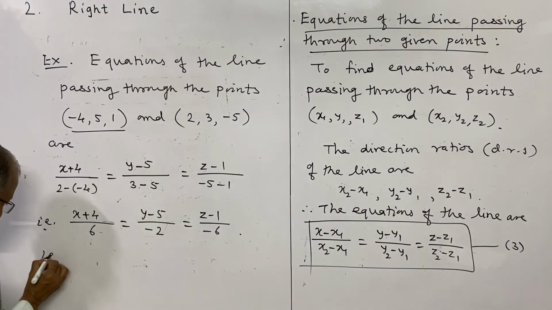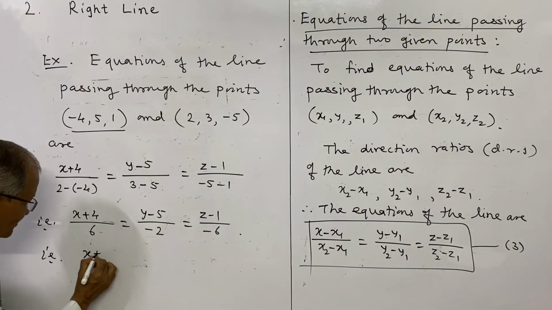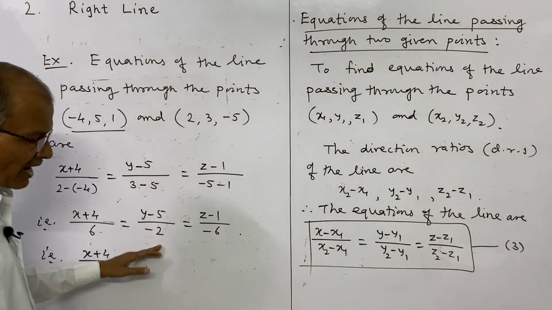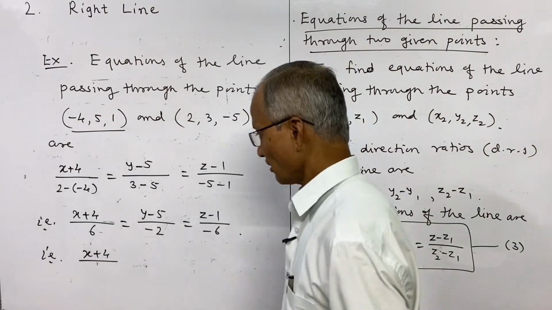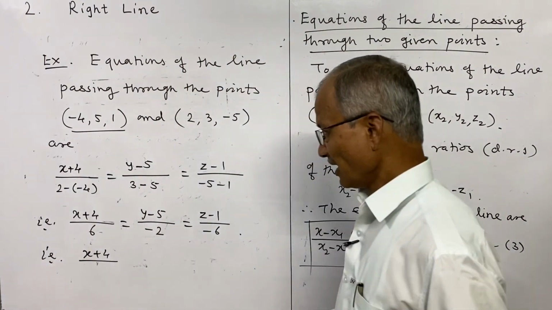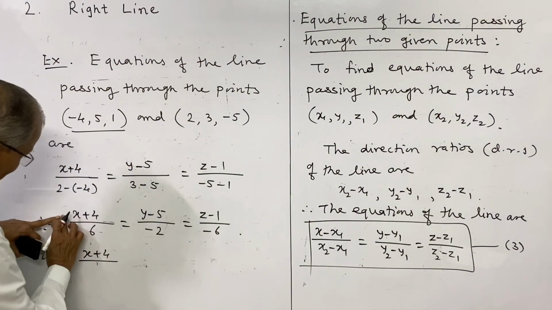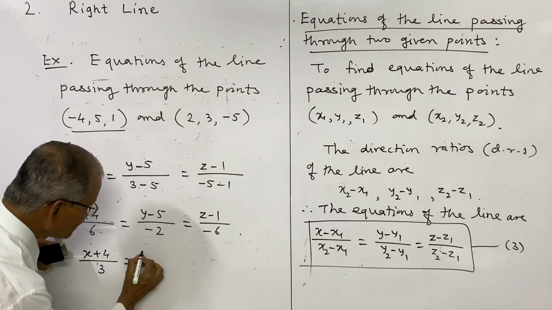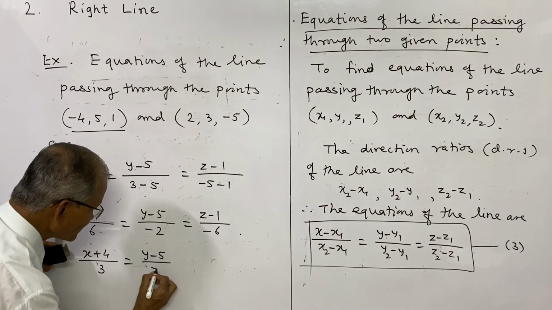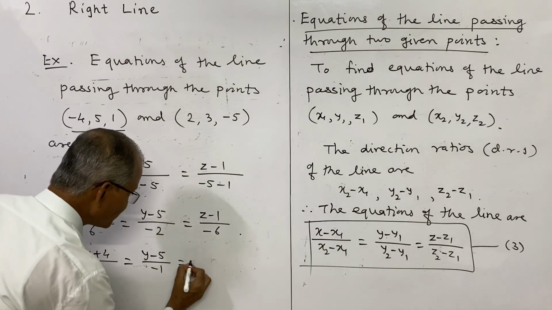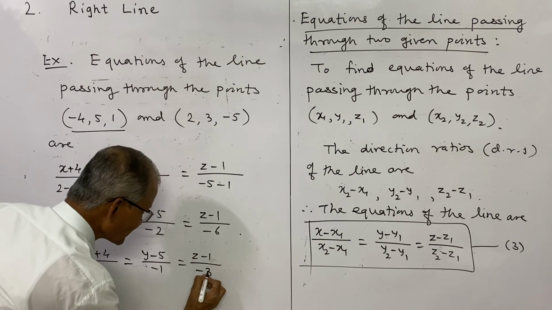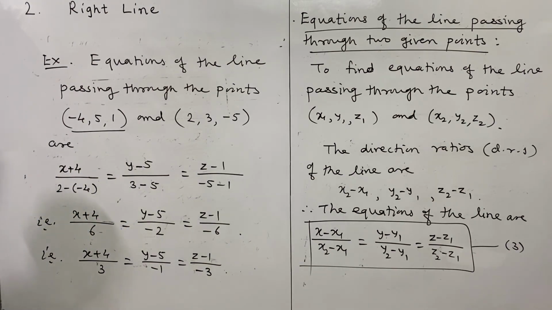Or that is, x plus 4 divided by, if you divide simply by 2, this gives 2 divided by 6, that is 3. 2 divided by minus 2, that is minus 1, and here 2 divided by minus 6, that is minus 3. So these are the equations of the line.